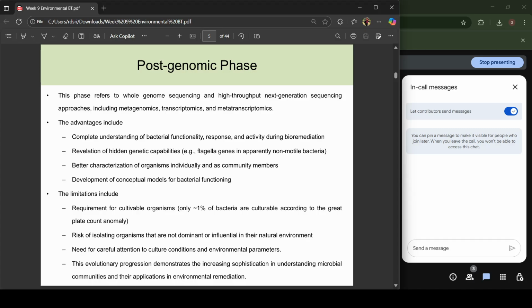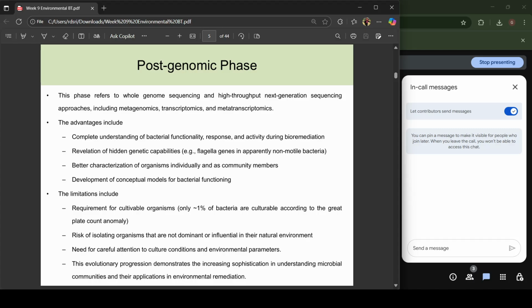And again, the post-genomic phase provides a better characterization of organisms individually and as community members. So this is the key point. In the pre-genomic phase, we were mainly dependent on culturing or single bacteria isolation. So that is why we had a major drawback that the activity of the microorganism is not very likely to be replicable in in situ environments.